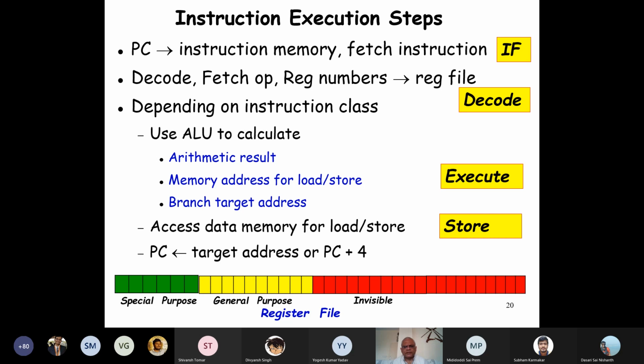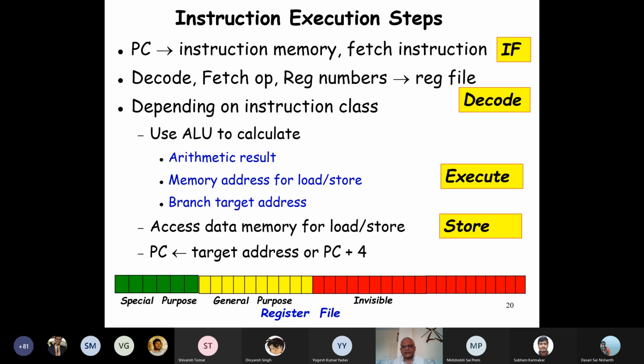And then for the load store instruction, we access data memory; we might have to read or store in the memory. That we call the store step. And then we increment the PC value depending on the address computed. If there is no branch instruction, it is just PC plus 4.